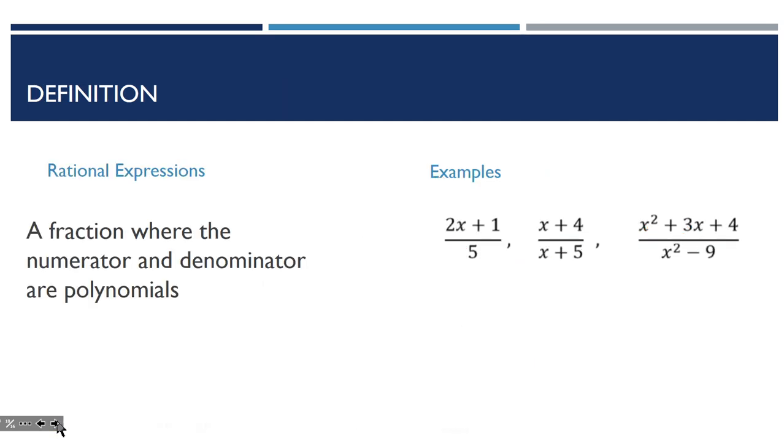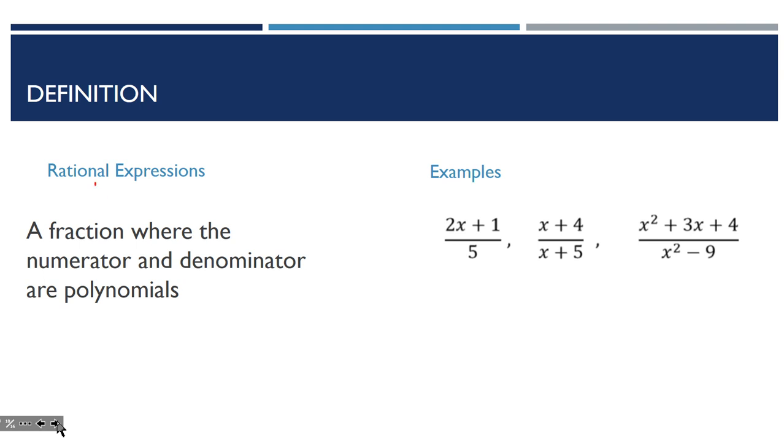So why are we talking about that? Well, today we're going to talk about what's called a rational expression. A rational expression is a fraction where the numerator and denominator are polynomials. So let's take a minute and break this down. If you think about earlier in the year, we talked about rational numbers. Rational numbers are numbers that can be written as fractions.